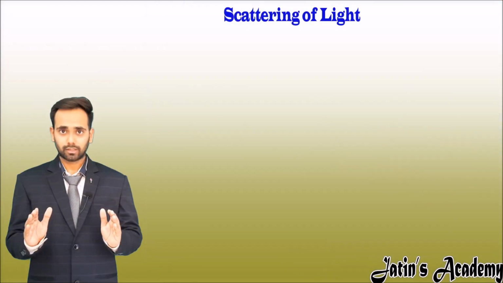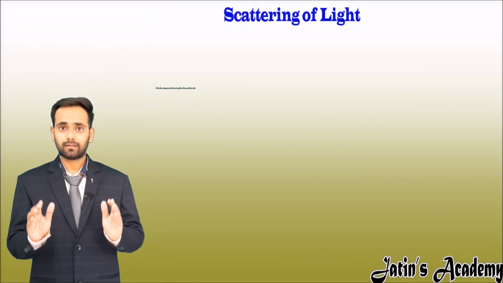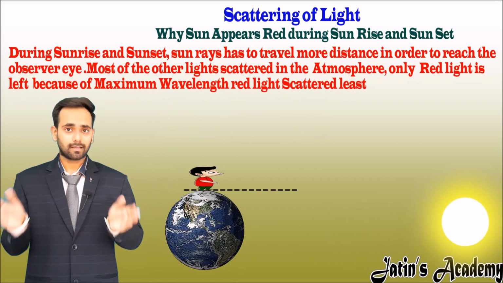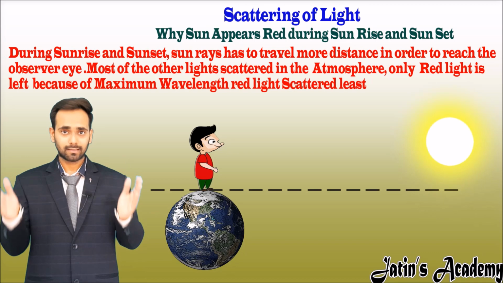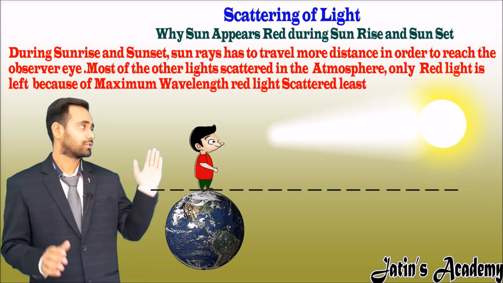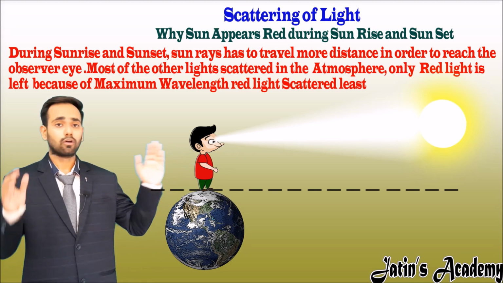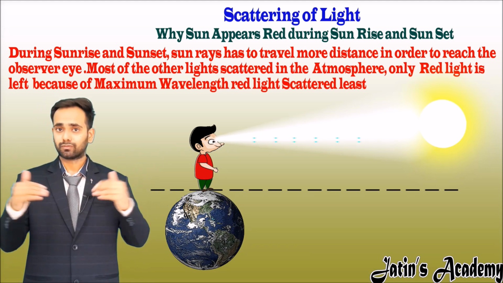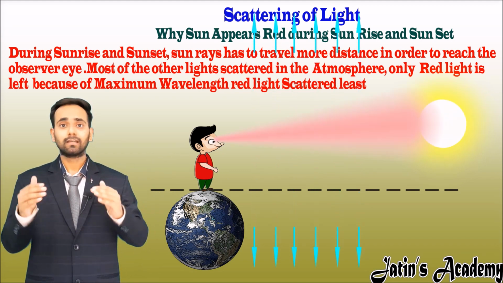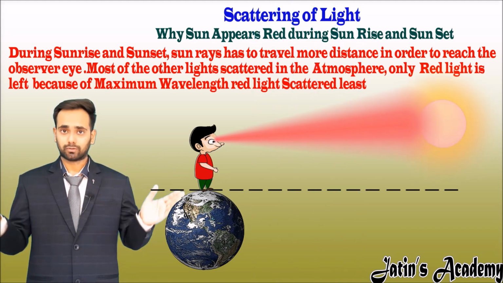Our next question is, why does the sun appear red during sunrise and sunset? During sunrise and sunset, the sun's light has to travel the maximum distance in order to reach the observer. So all the light of shorter wavelength is scattered out in the atmosphere.